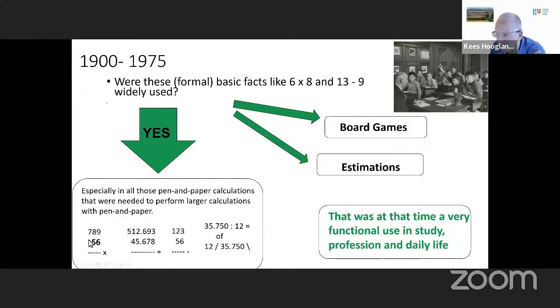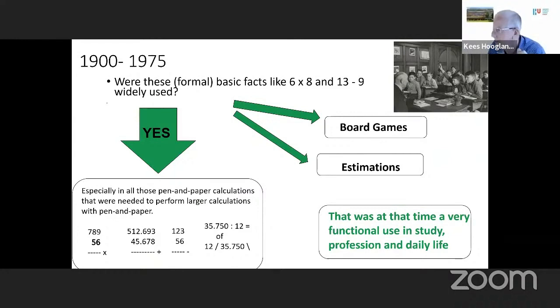Otherwise, you cannot do the procedures with pen and paper for the multiplication, etc. That basically meant that everyone in the shops, housewives, at school, in commerce, in health, all did it with pen and paper. So it was a consistent whole of basic facts you learned, and you used them almost on a daily basis.